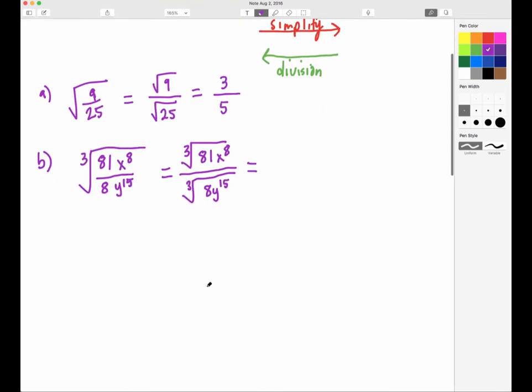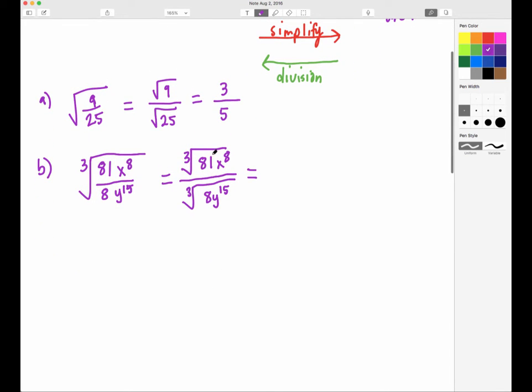The way to start off doing this is to take my number and then also my variables and put them in groups of 3, because the way that the radicals will reduce is if you take the cube root of something cubed, those cube roots and cubes cancel each other out. So I'm looking for something to the third power.